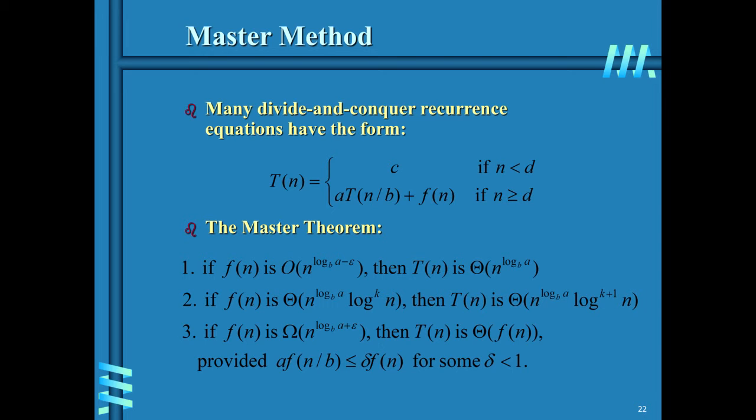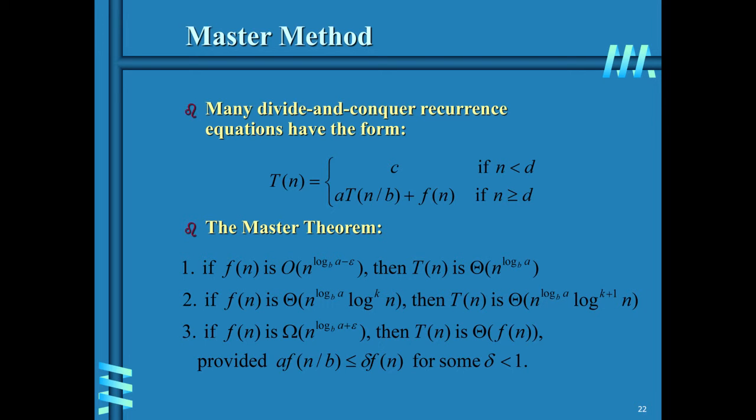If f(n) is O(n^(log_b a)), which corresponds to f(n) being upper bounded by n to the power of log_b a, then T(n) will be Θ(n^(log_b a)), right? They pick the big one. So it compares these two factors, two determinants, and chooses the largest one for the runtime analysis.